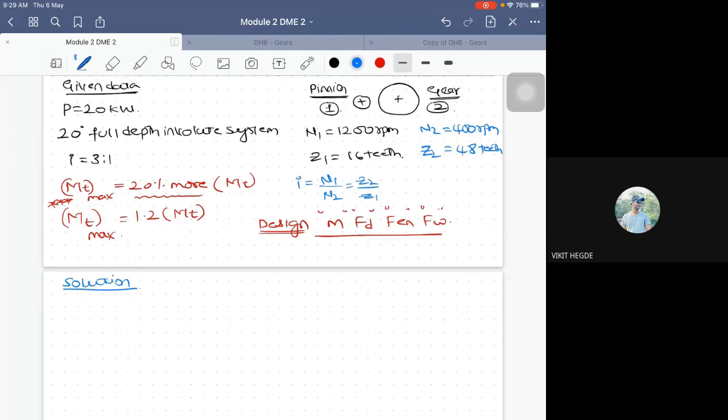So, what is our first step? What is our first step? It is to identify the weaker part.